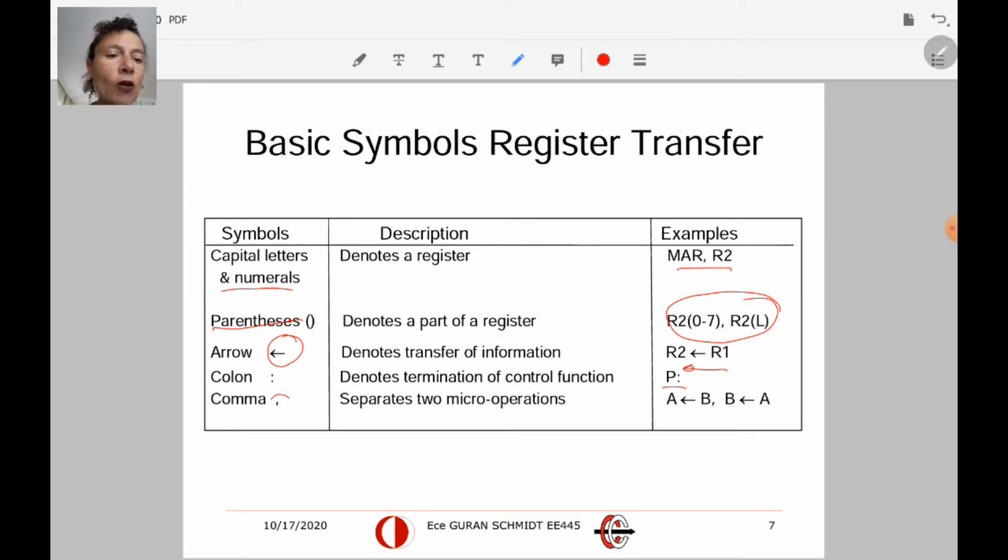And we can have a comma if you have more than 1 microoperation in the same clock cycle. You can do it like this. And we will see that this is a little bit tricky. You will think, how is this possible? But we will see how you can do this kind of swap in 1 clock pulse.